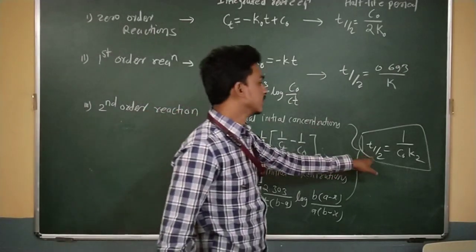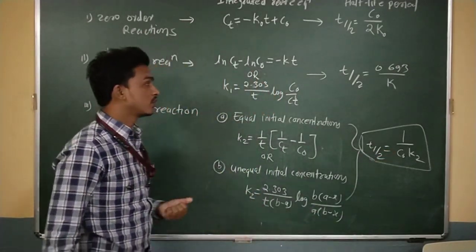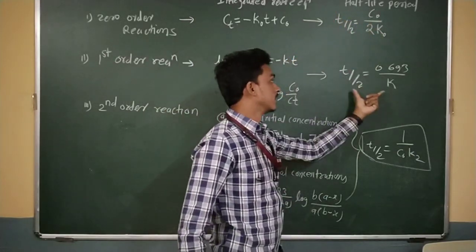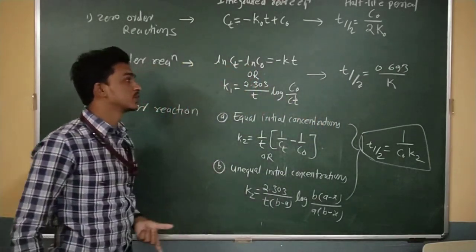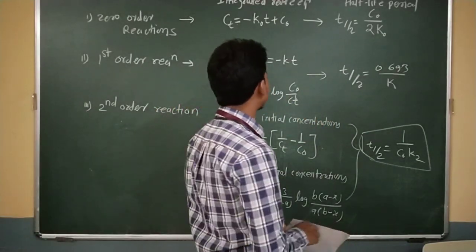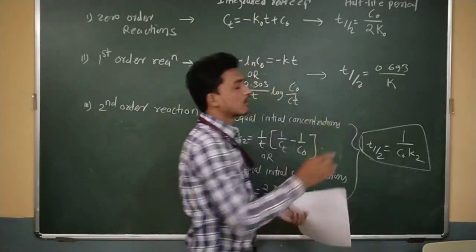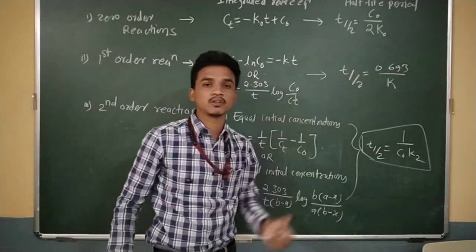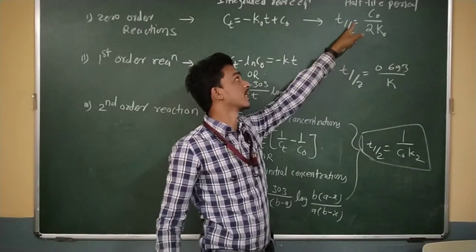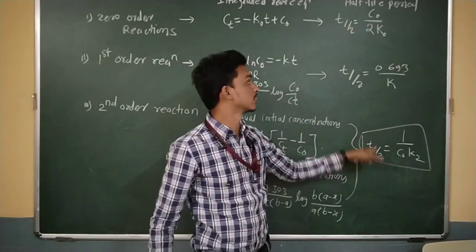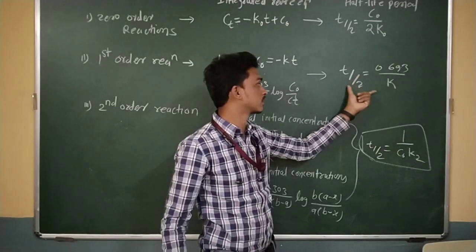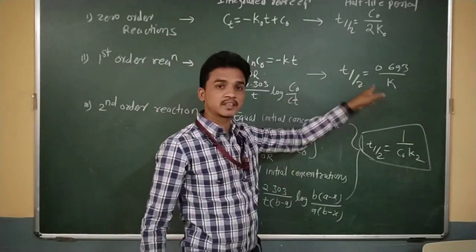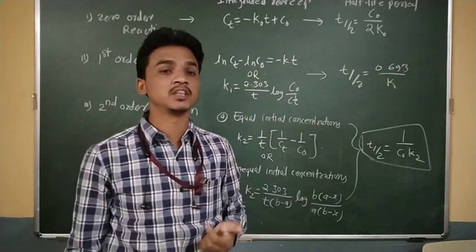Half life period is inversely proportional to the initial concentration. For first order reactions, the half life period does not depend on the initial concentration; it is neither directly nor inversely proportional. That means the half life period of first order reactions is independent of the initial concentration.